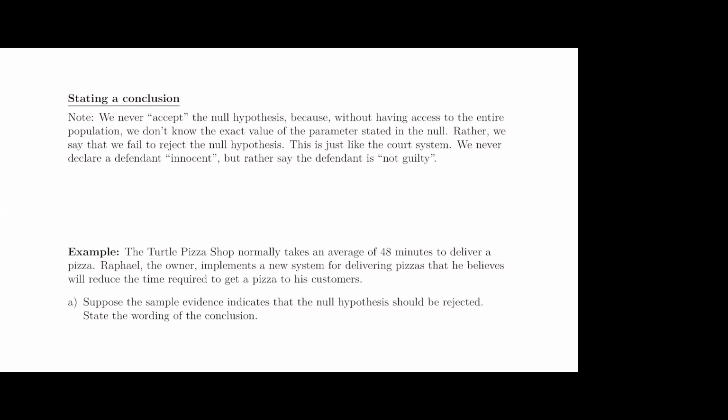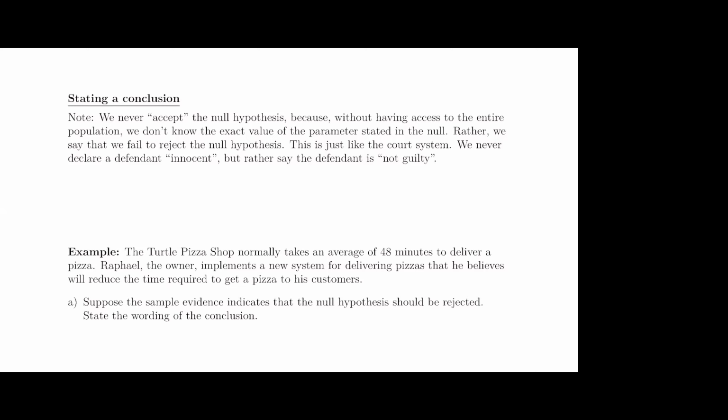Also think about it like the court system. In the court system, do they ever tell the defendant they're innocent? Well, if you look at it, they always say not guilty. They don't say this person is innocent. They're saying based off of the evidence, we don't have enough evidence to prove that you're actually guilty.